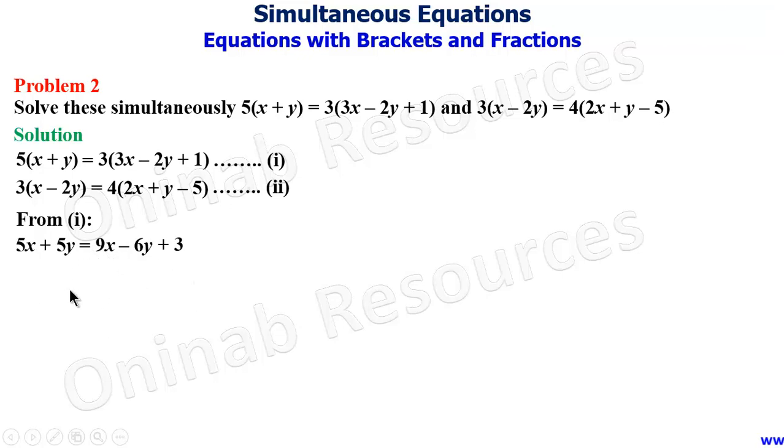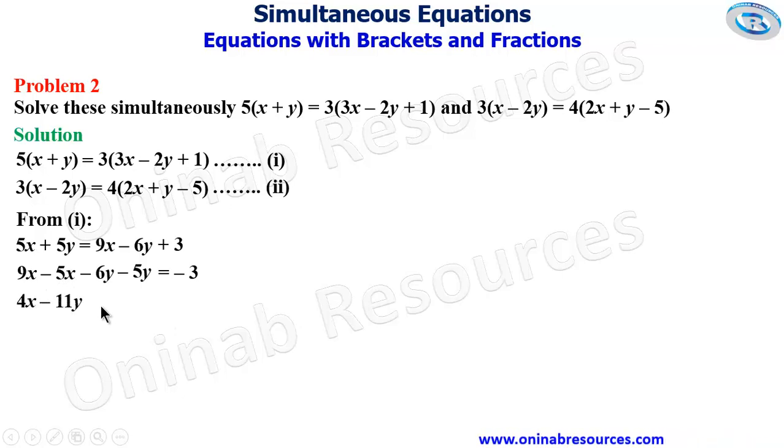So we can have it as 9x - 5x and -6y - 5y is equal to negative 3. So I've taken this to this side and brought the whole to this side, then interchanged the sides. So this is going to give us 4x - 11y = -3. So we call this one equation 3.